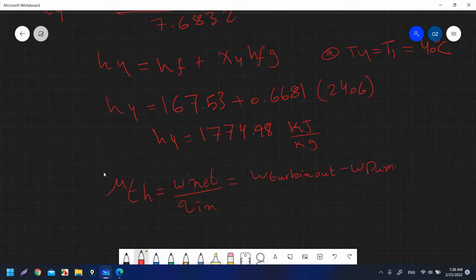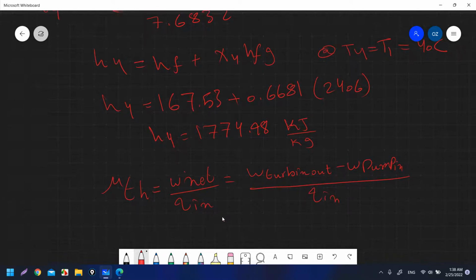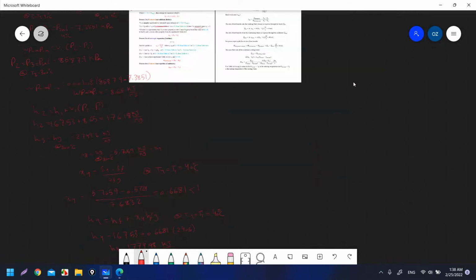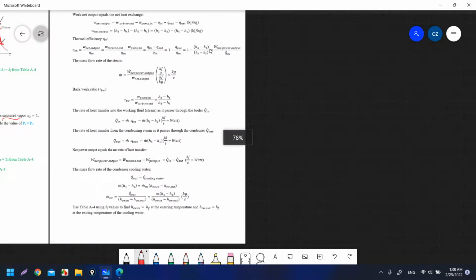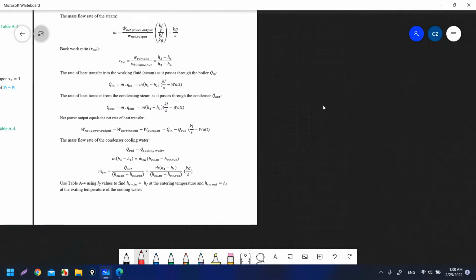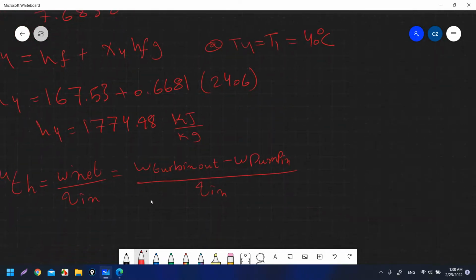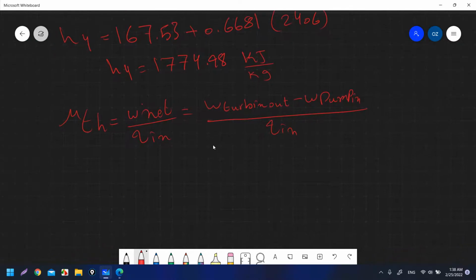We calculated work pump in, but we didn't calculate work turbine out, so we will calculate it. Or you can use the equation 1 minus this equation, H4 minus H1 over H3 minus H2. Okay, so let's try this equation this time, and find work turbine.